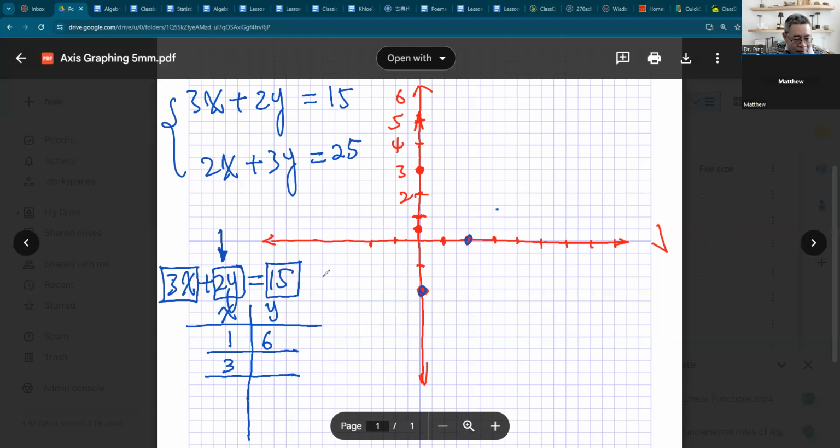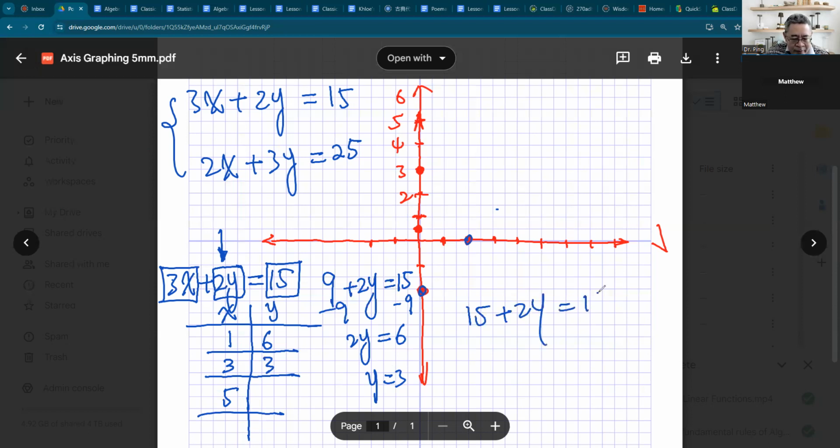All right, if x is 3, 3 times 3 is 9. 9 plus 2y is 15. Then minus 9 on both sides, 2y is 6, right? Then y is 3. So we got 3 here. Then we pick 5. 5 times 3 is 15, so 15 plus 2y equals 15.